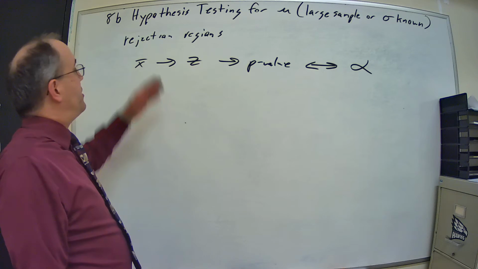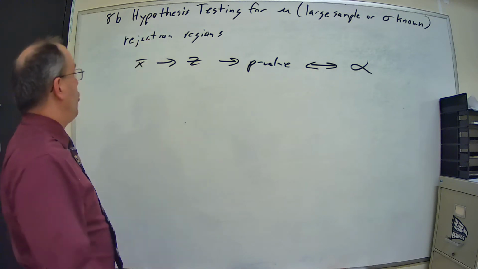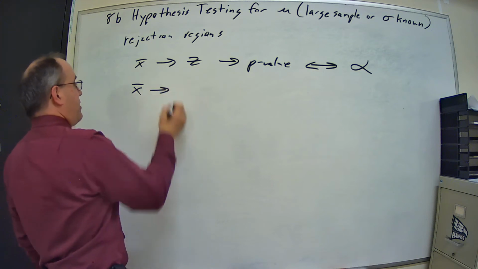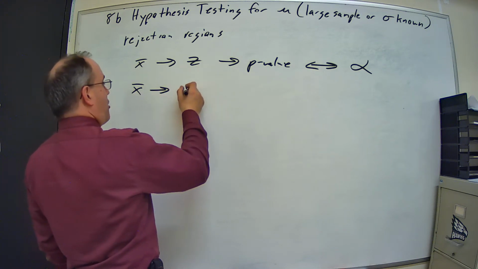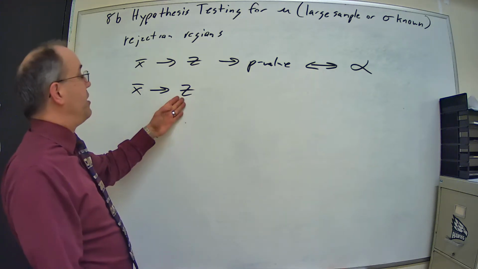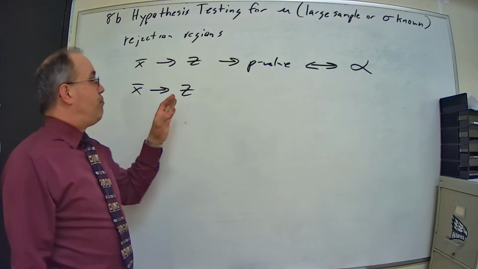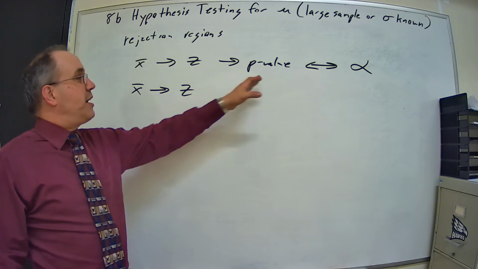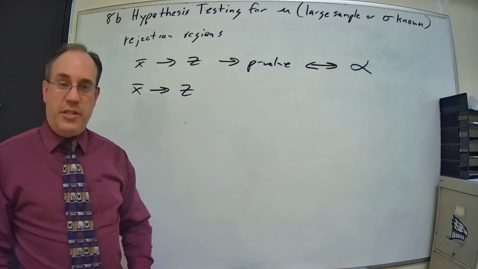to the significance level alpha. The difference with dealing with rejection regions, we're still going to start with the test statistic and take it to our standard score, z-score or t-score or chi-square score, whichever it is. But we're going to stop there rather than finding a p-value, rather than taking that down into the table.